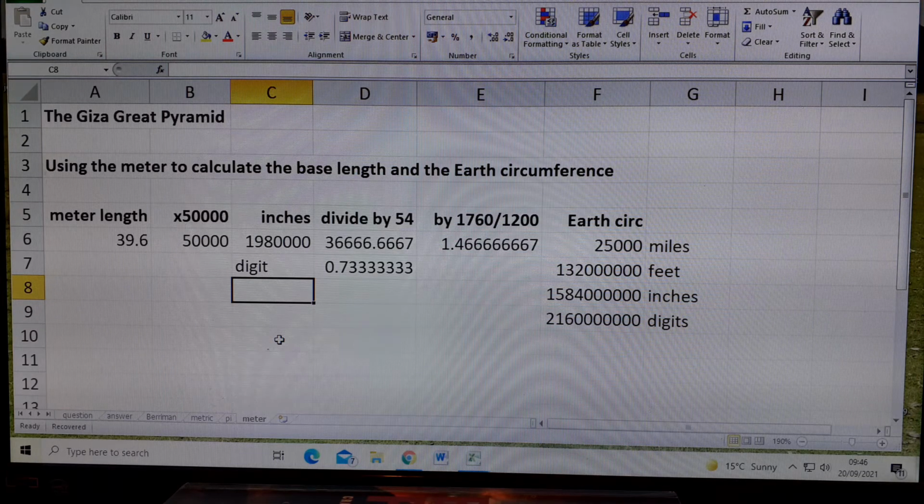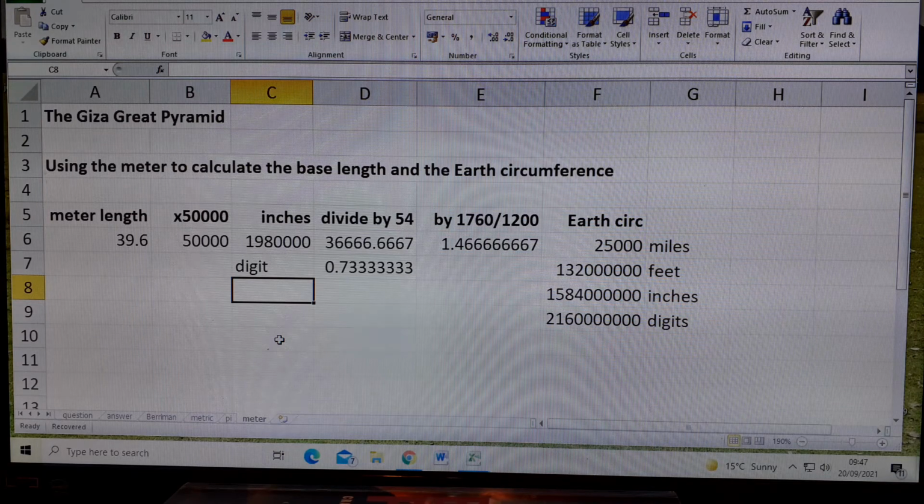Dependent on which unit was being used, there'd be different interpretations of the Giza base. They'd also explain to him how the Earth's circumference would be linked to the Giza base. He'd know all this. That's why he's the pharaoh, because the pharaohs know all these key mathematical ratios.